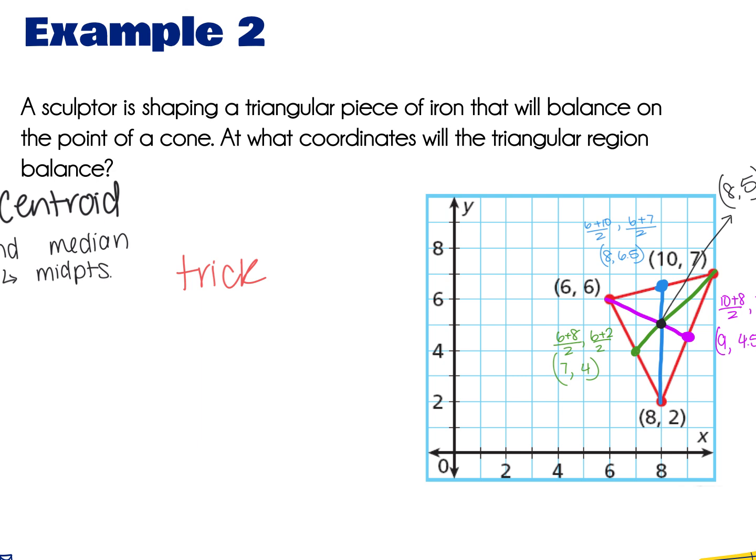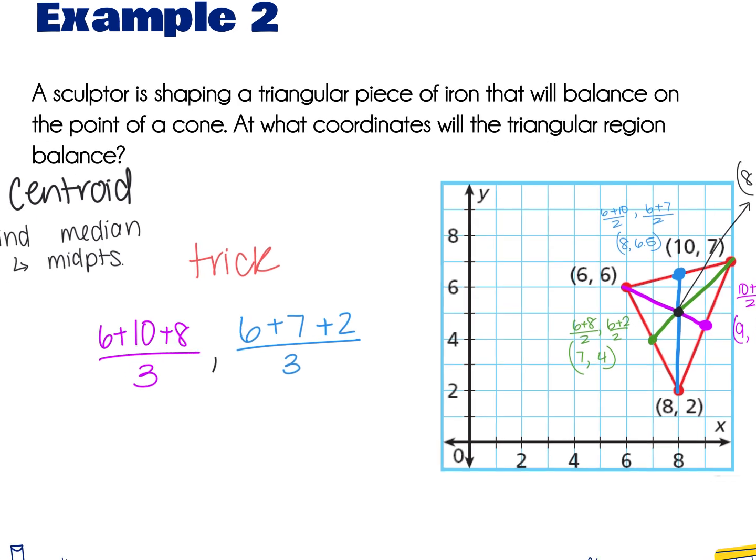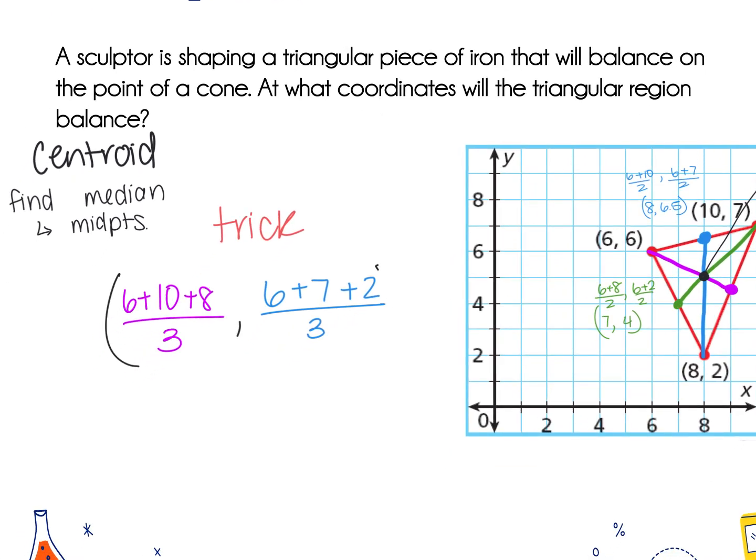is I'm going to go ahead and take all 3 of my x values. I have 6 plus 10 plus 8 divided by 3. And I'm going to take my y values, 6 plus 7 plus 2 divided by 3. I'm then going to get 24 divided by 3.